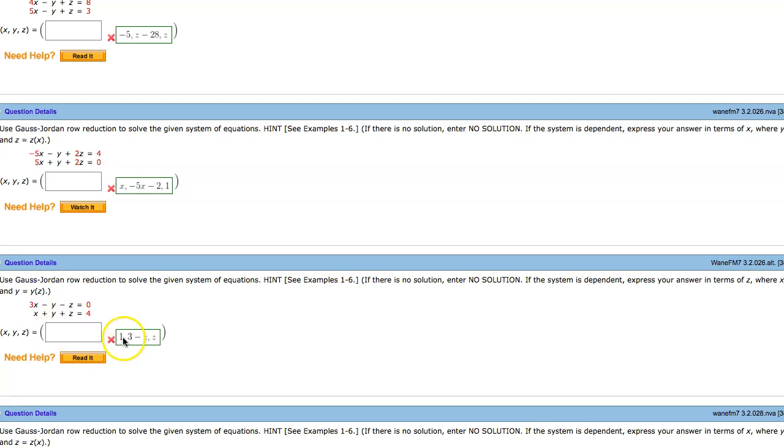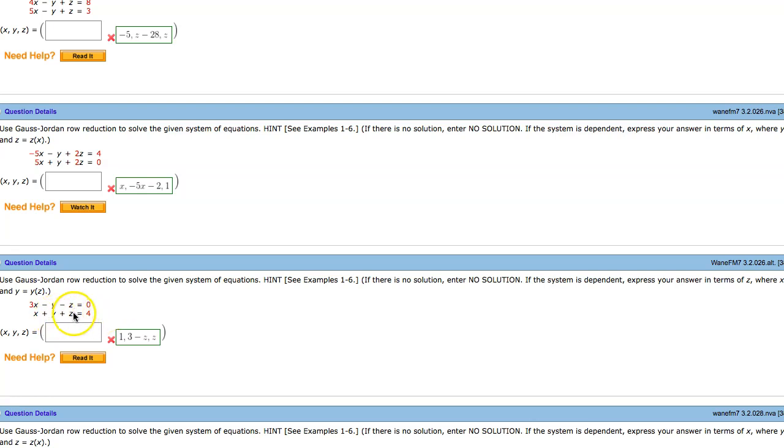X is 1, and if you do row echelon on this guy, if you add the two equations, guys, you'll get 4x equals 4. X equals 1. And if you plug 1 back in, you get 1 plus y plus z equals 4. Subtract 1 from both sides, you'll get y plus z equals 3.